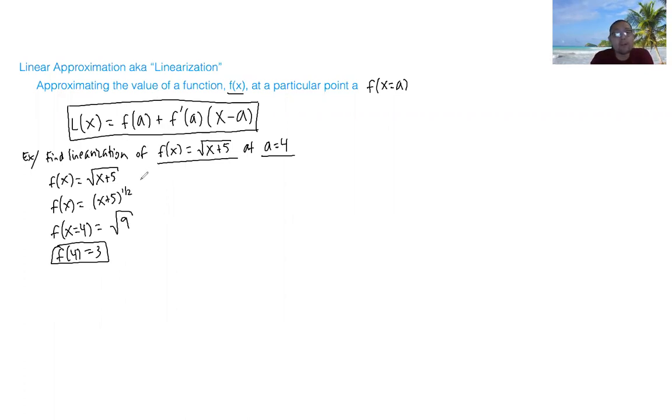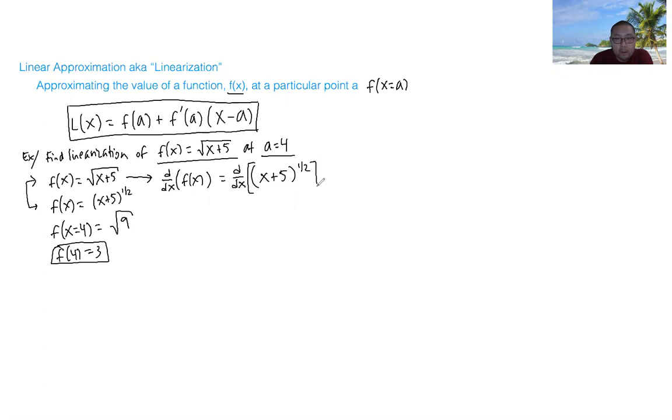Now we need to find the derivative of our function. The derivative with respect to x of our function f of x is the same thing as the derivative with respect to x of, and let's use this form because these two are the same thing and this one is more easily differentiated, x plus 5 raised to the 1/2.